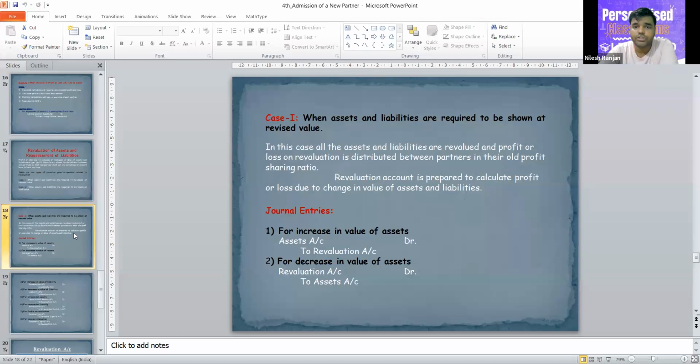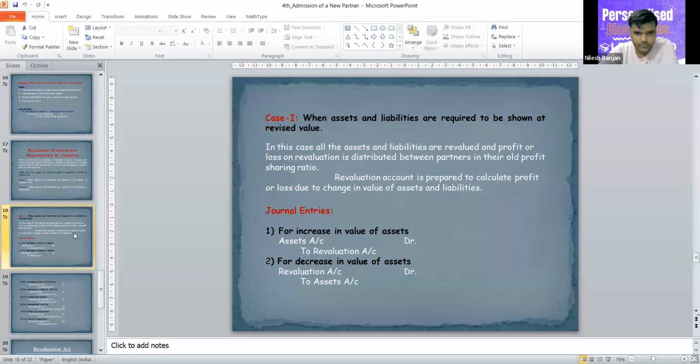We distribute the profit or loss of revaluation in old ratio. You have to remember this. In first case, where we have to show our assets and liabilities at revised value, when we have to show the effect of revaluation in our book, then we will distribute the profit or loss on revaluation in old ratio.